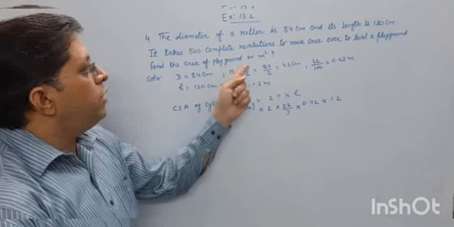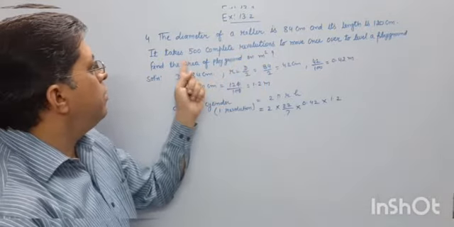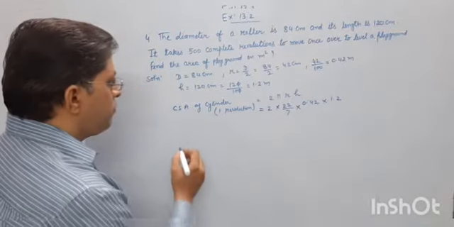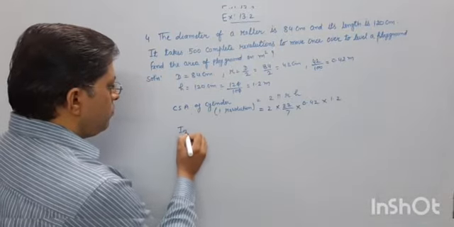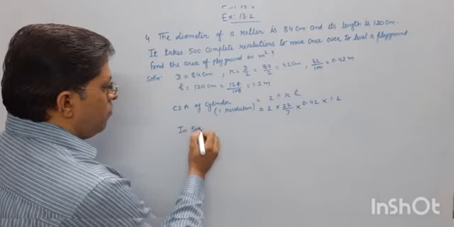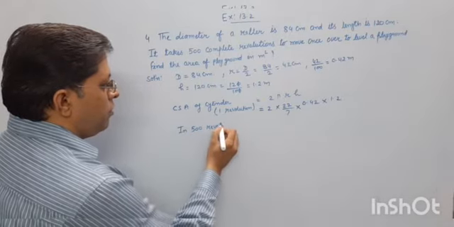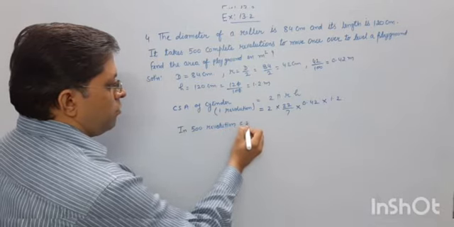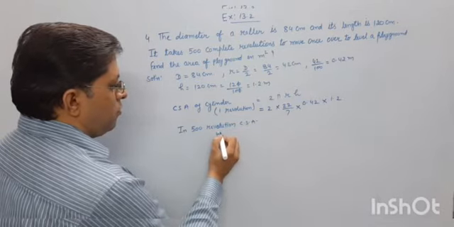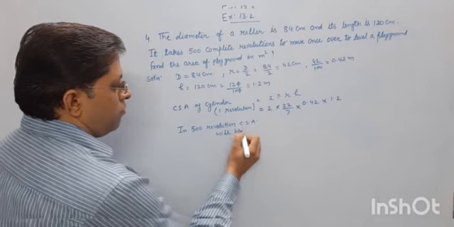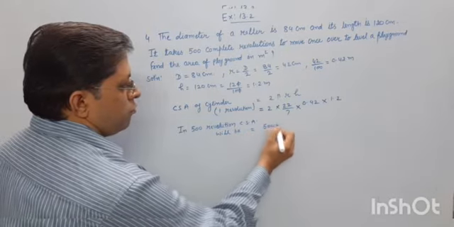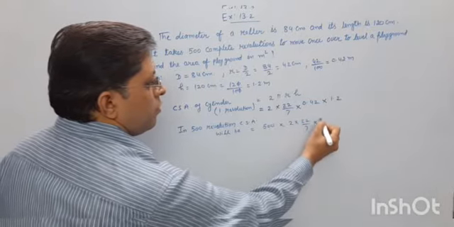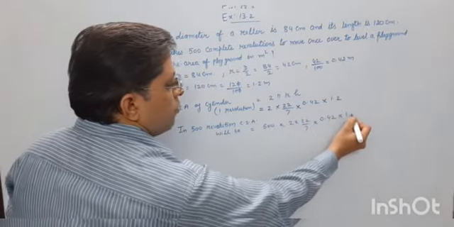Area of playground in meter square, and for 500 revolutions, the CSA will be 500 times 2 into 22 upon 7, 0.42 and 1.2.